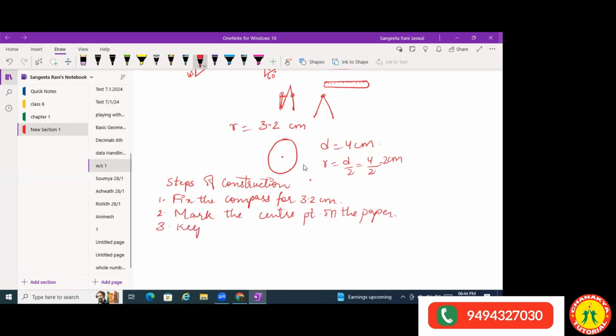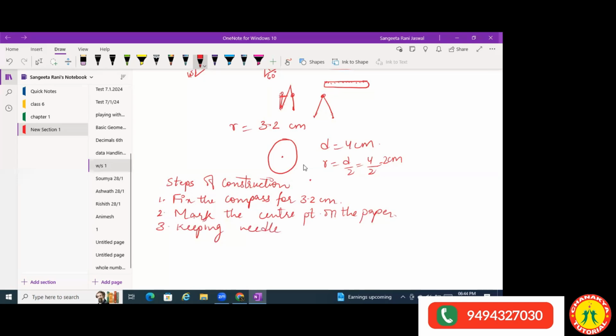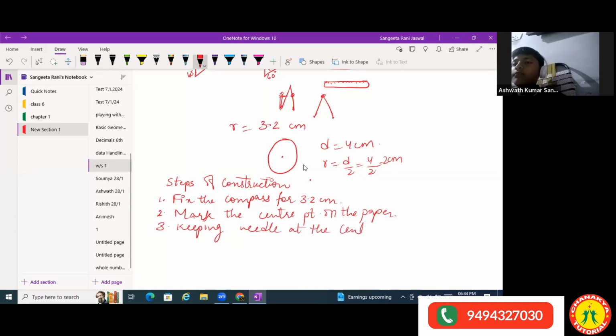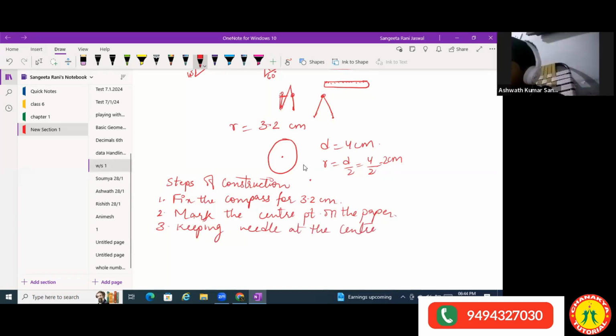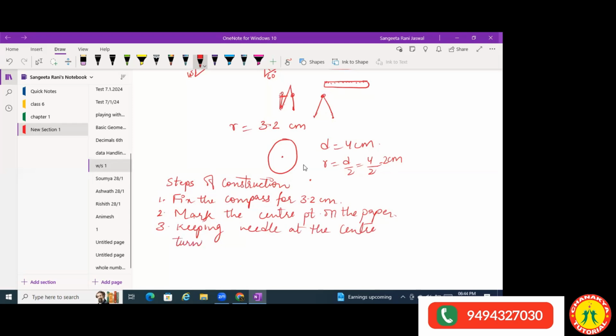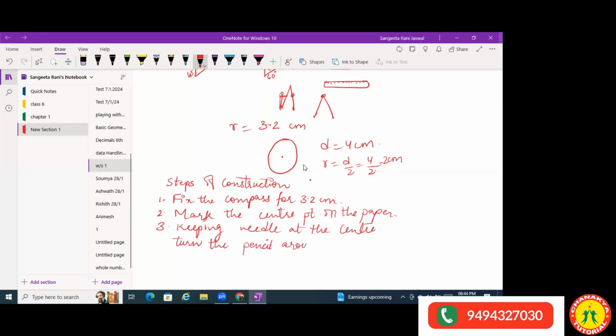Keeping the needle at the center, turn the pencil around it.